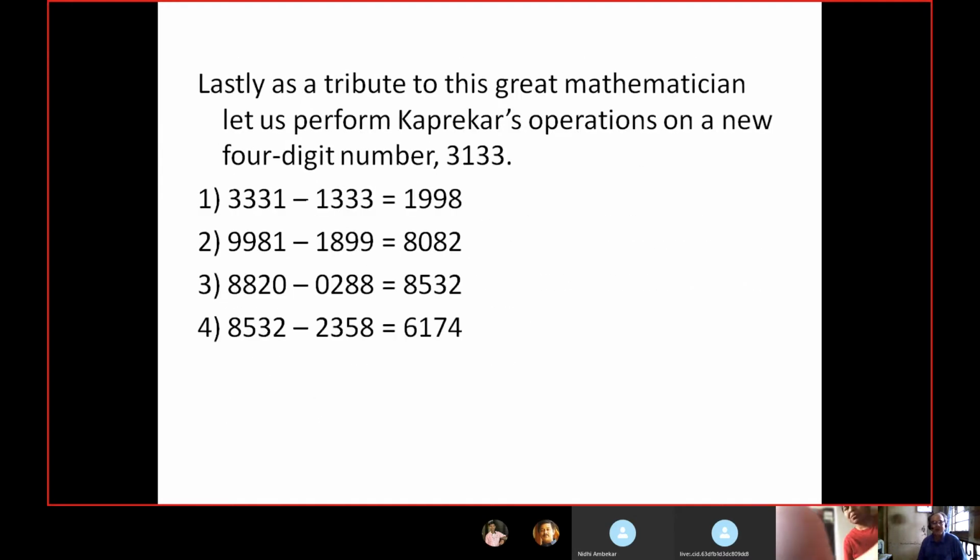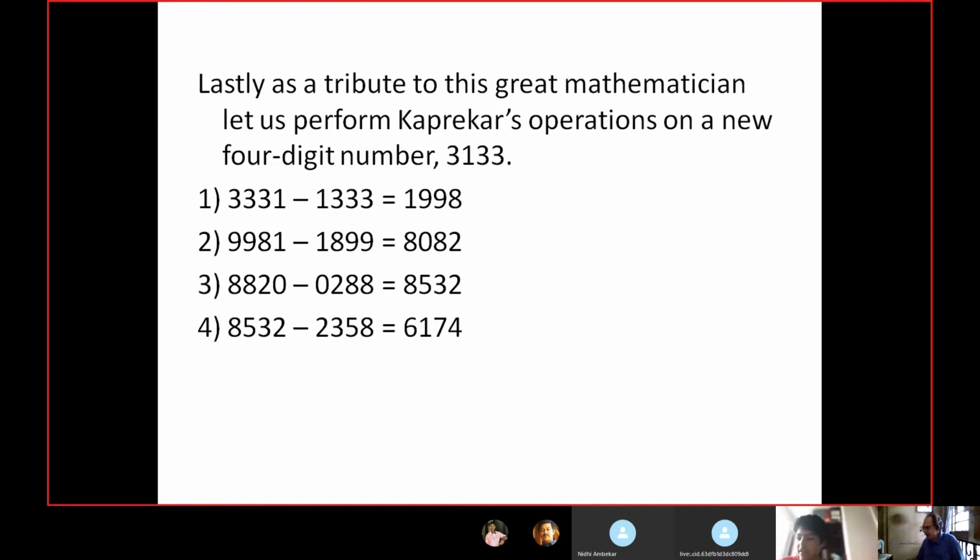Okay, fine. One last time, try this out on 3133, and then I will give you some special numbers wherein you get 6174 in just one single step. Do this and let me know.